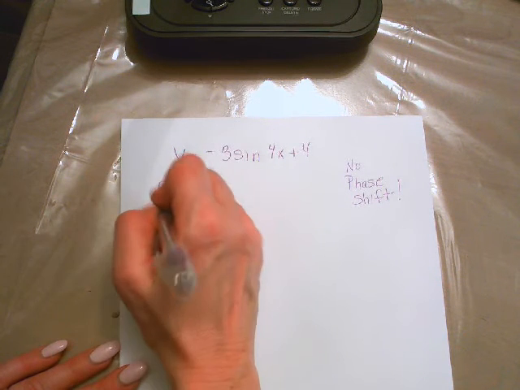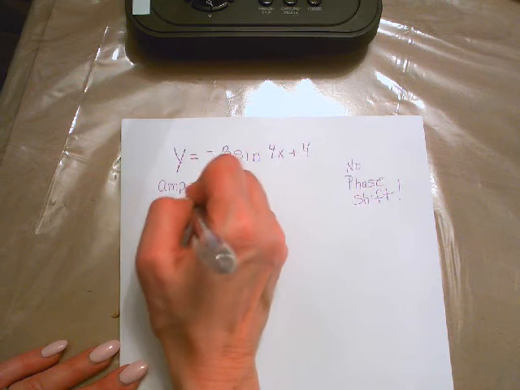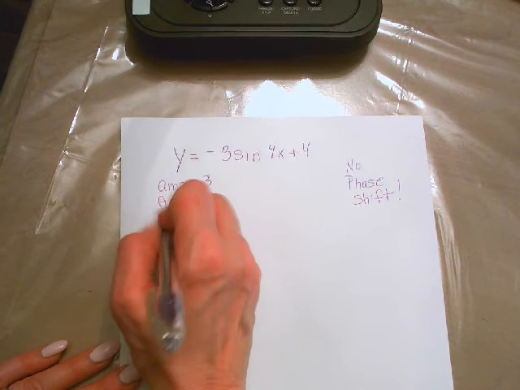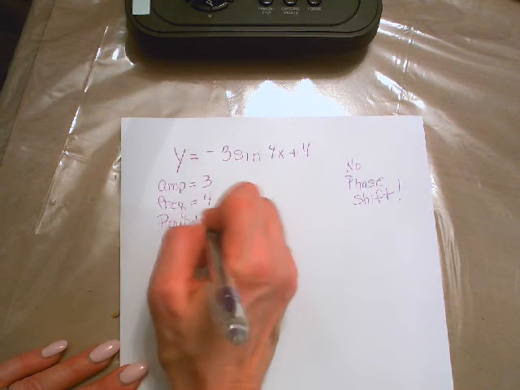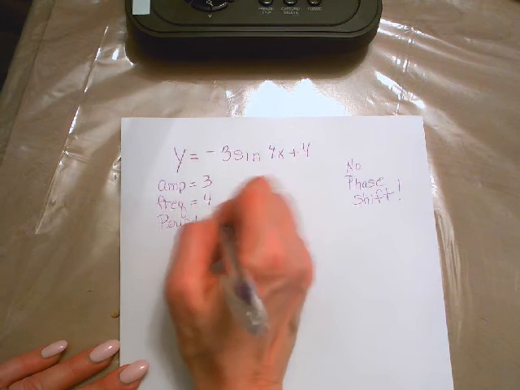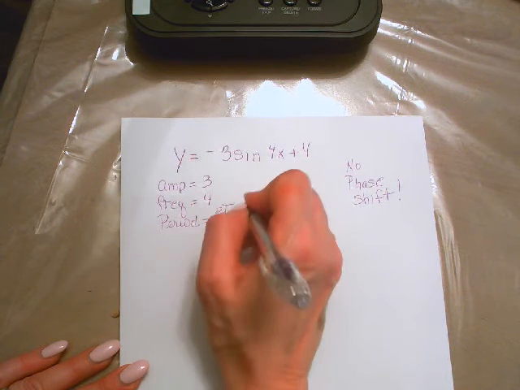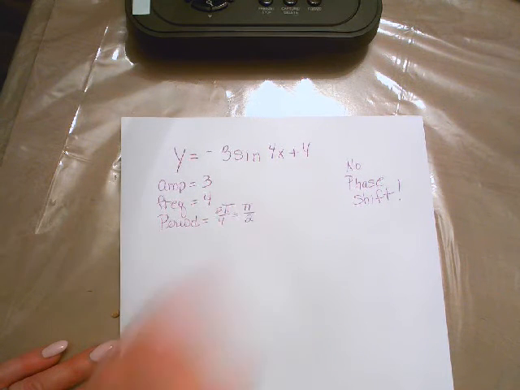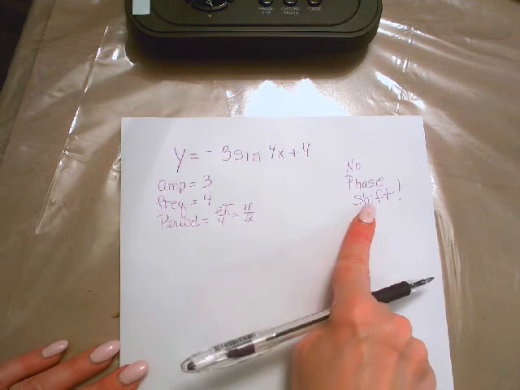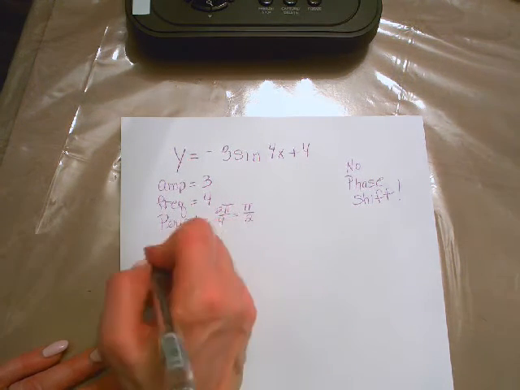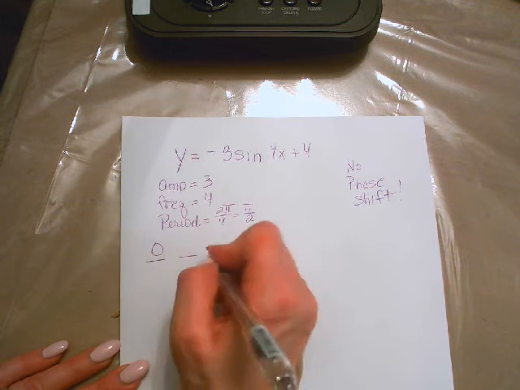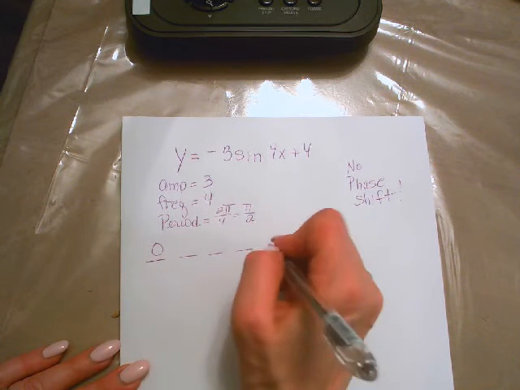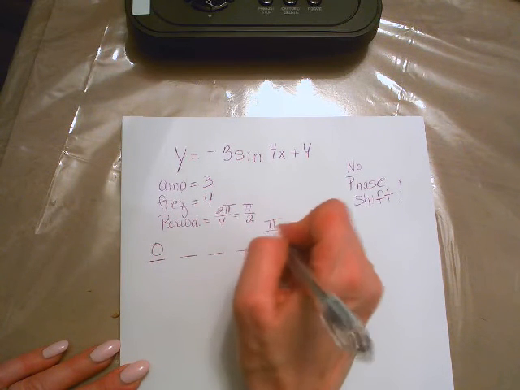You had a frequency of 4, which meant your period ended at 2 pi over 4, which is pi over 2. There was no phase shift, so you started at 0 and ended at pi over 2.